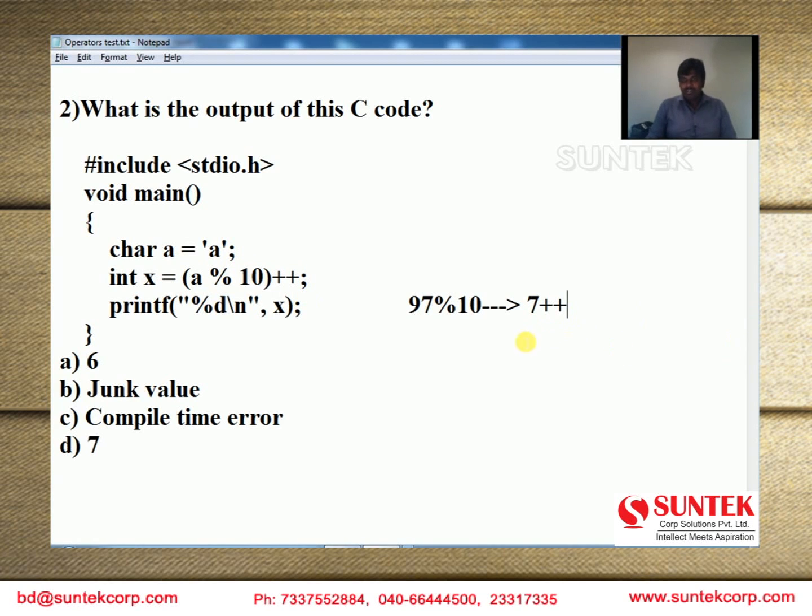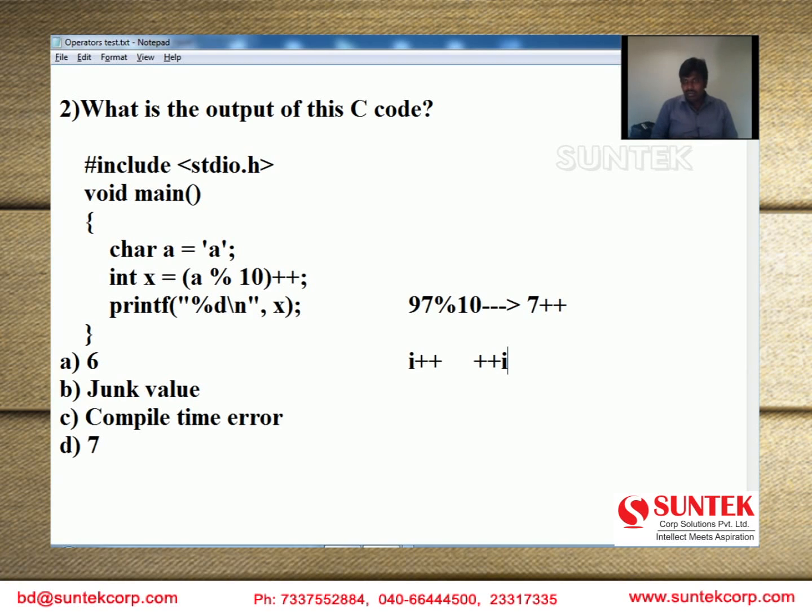Valid or not? Okay, first of all you should know this limitation. What is plus plus? Plus plus means it increments the value of the variable. Right? 7 plus plus is not a variable, right? Here 7 is a constant value, cannot be modified. For example, i++ is valid, ++i is valid.